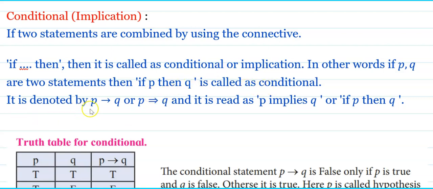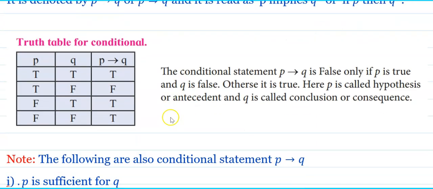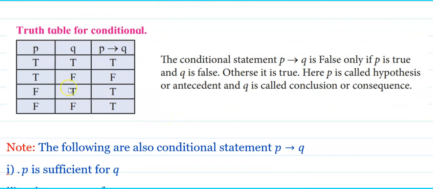It is denoted by P implies Q, and it is read as P implies Q or if P then Q. Now the table. Here again, for P double T, double F, and for Q double TF, TF. To remember this table of the conditional statement, when both are same then it is true.